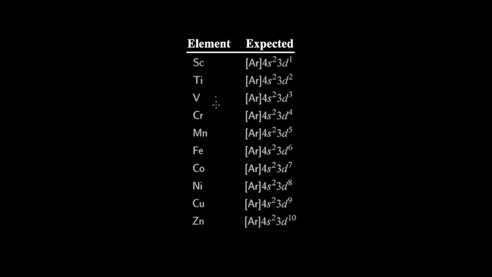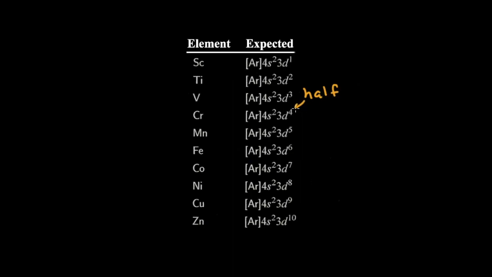So if you look at these different elements, this is the electron configuration that we would expect to find. But if you look at Cr and Cu, this 3d4 right here and this 3d9 right here, you need to know that this D block likes to either be half full or all the way full. So if you look at this 3d4 right here, it'll actually take an electron from the 4s2 and give it over here to the 3d4, so that the 3d4 can become 3d5, and that way this one would be half full.